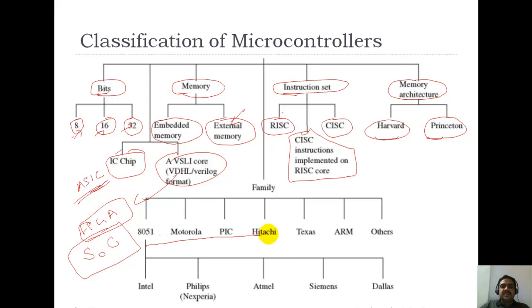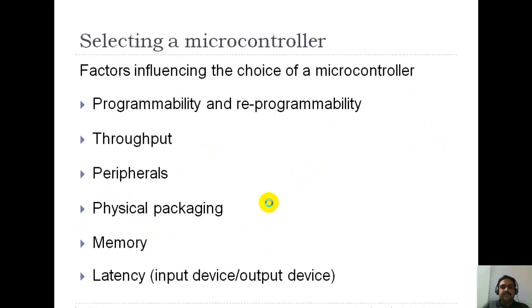These are different vendors: ARM, Texas Instruments, Hitachi, PIC, Motorola, Intel. They have so many vendors manufacturing different kinds of microcontrollers. So this is how microcontrollers are classified based on bits, memory, instruction set, memory architecture.